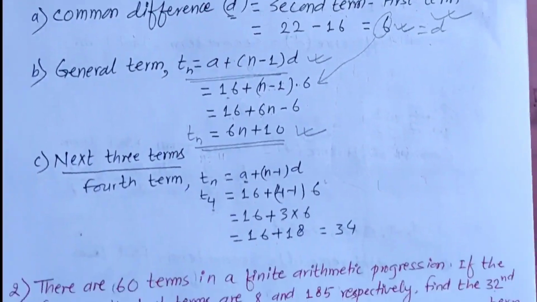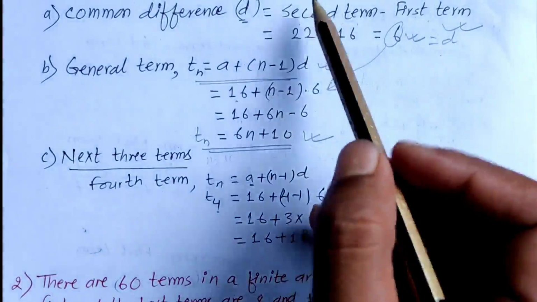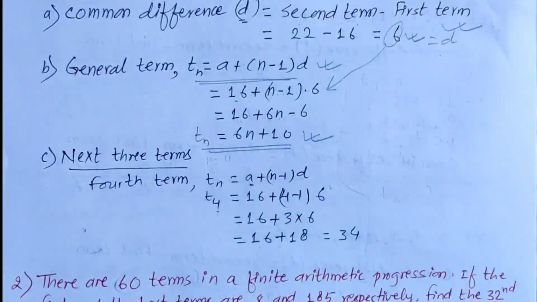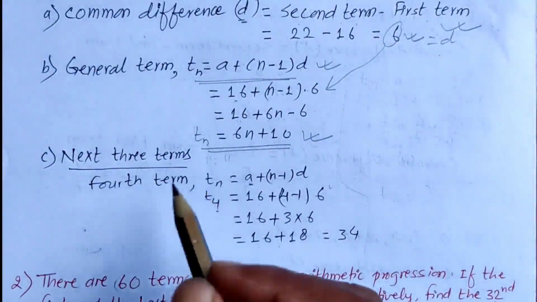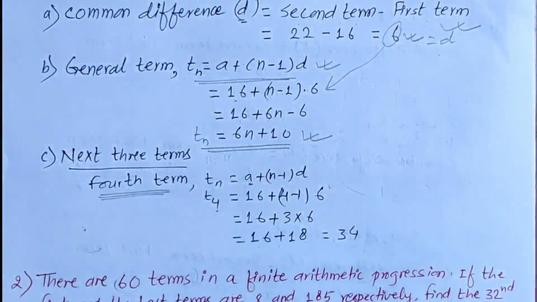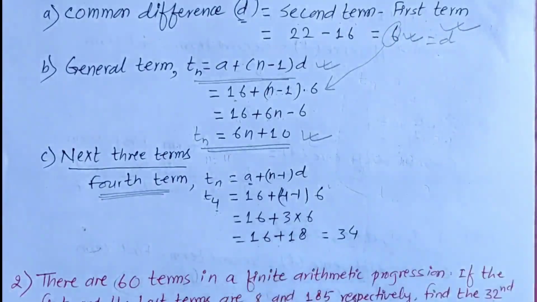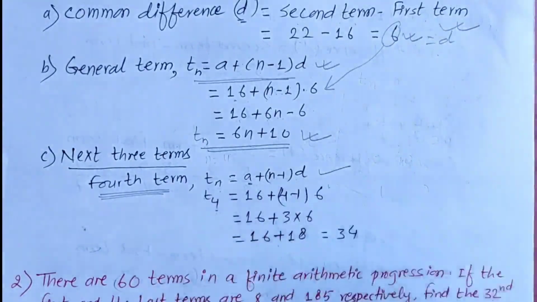Dear students, now we are going to derive the next three terms. As you have already seen in the sequence, 16, 22 and 28 are the first, second and third terms, and now we are going to discuss the next three terms. After the third term, we will get the fourth term. To obtain the fourth term, again we use the general term of the sequence, that is Tn is equal to a plus n minus 1 d.